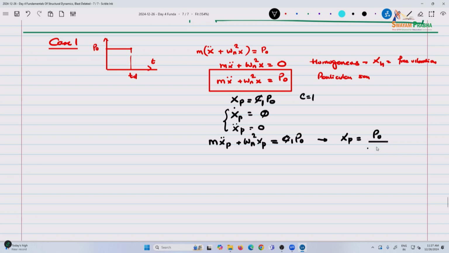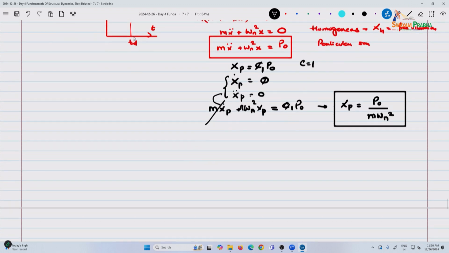I am not showing you the details. It is simply substituting, so this goes away. So xp is equal to p naught by m omega n square.